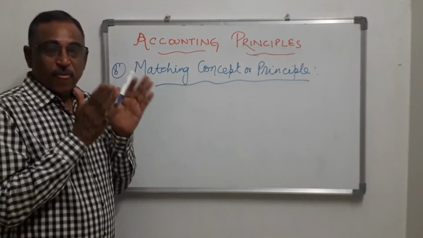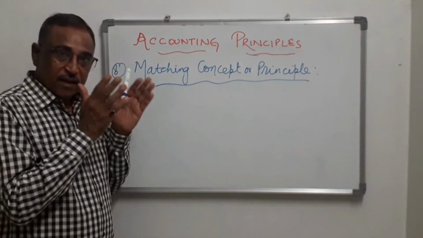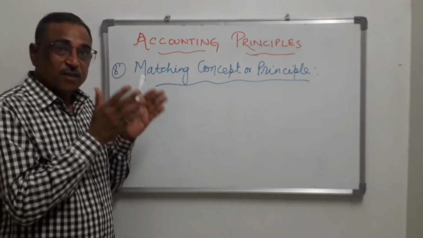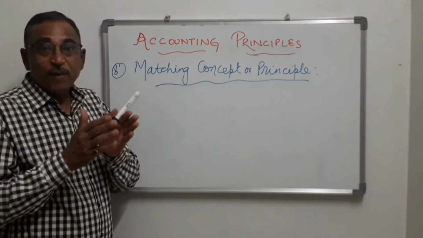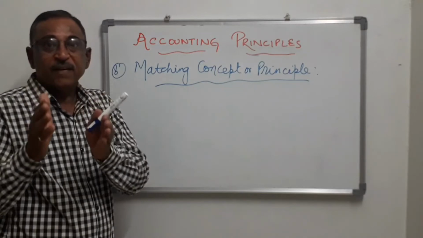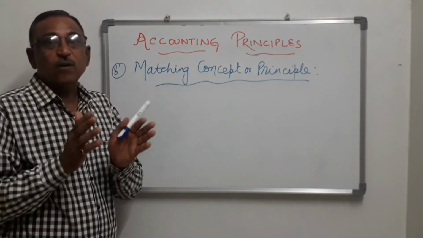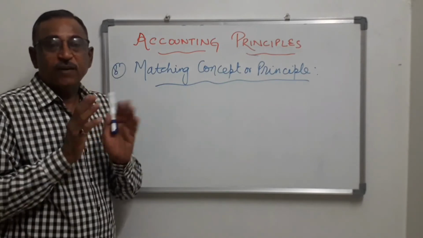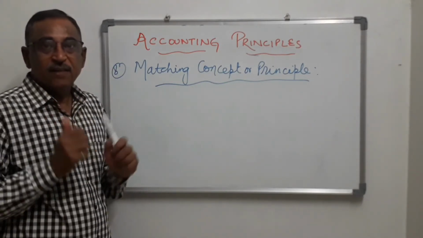So if we are talking about a particular financial year, all the revenues earned during that financial period should be matched, should be compared with the expenses of that period incurred in that period, so that we can find out the actual position of profitability, whether we have a profit or we have a loss.